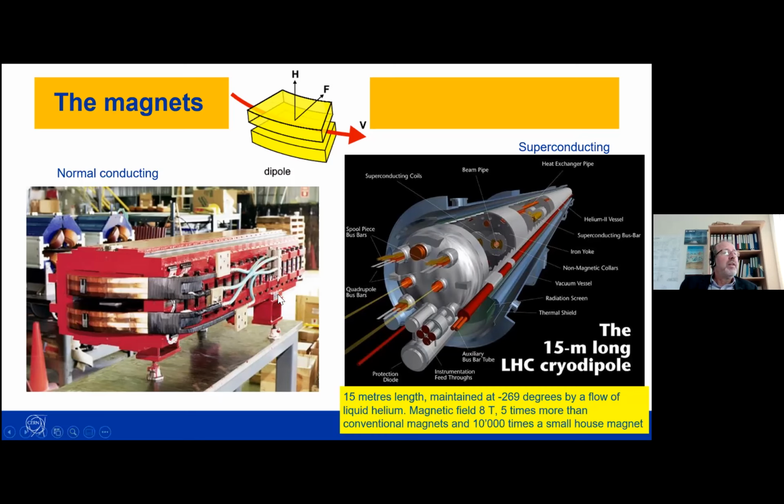So the difference is that here you can have 1 to 2 Tesla of field, while in the magnets of the LHC, for example, we reach 8 Tesla, and now there are projects to go to 10, 12, even 16 Tesla. Superconductivity is the key to keeping dimensions smaller.